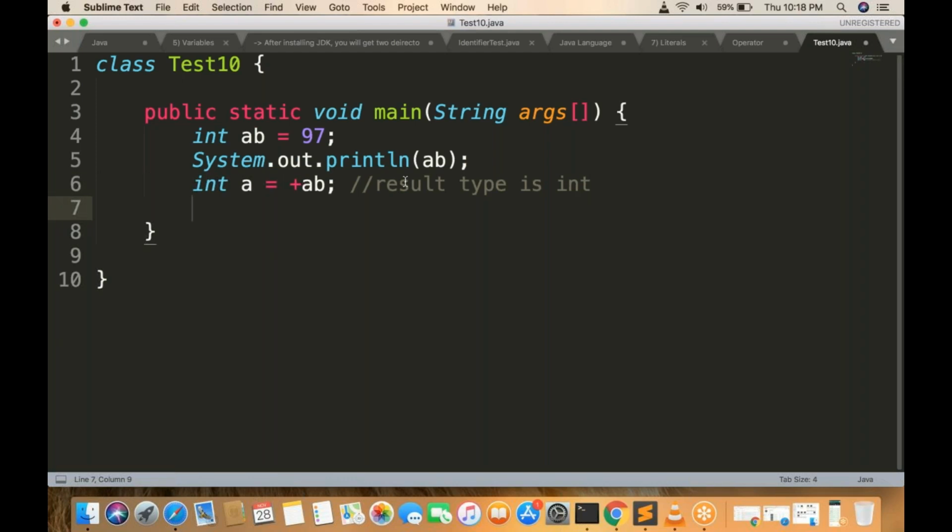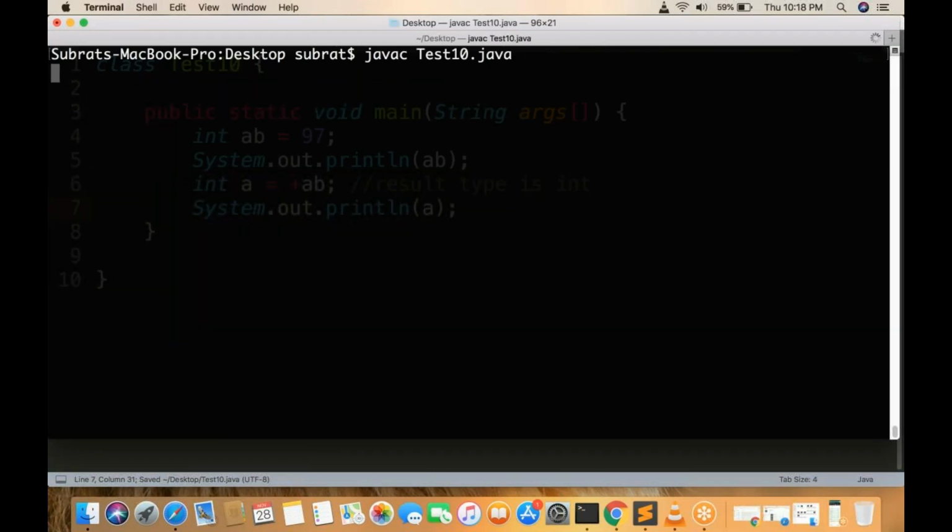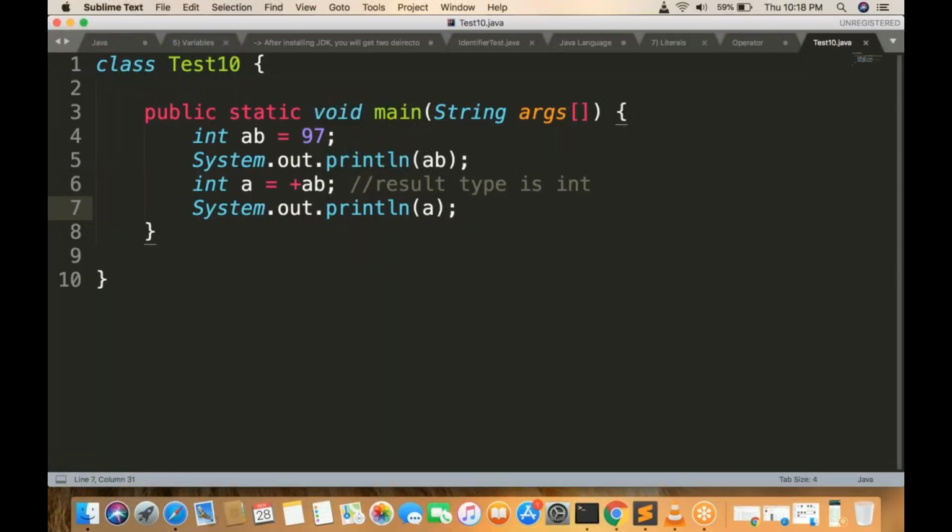Now if I print System.out.println a. Fine. Clear? Any doubt, guys, up to here? Now we will take int b is equal to minus AB. What is the result type?